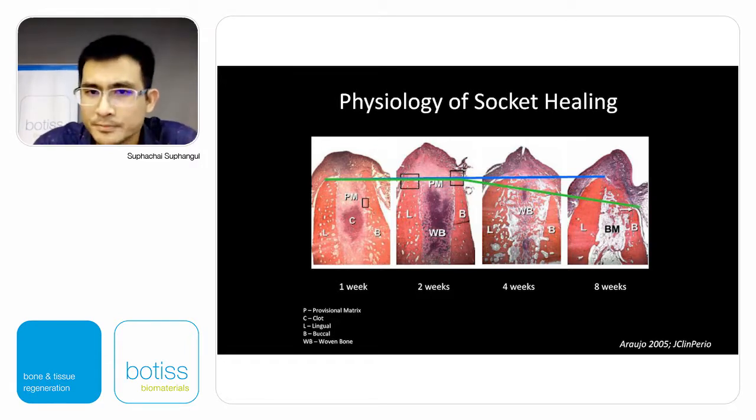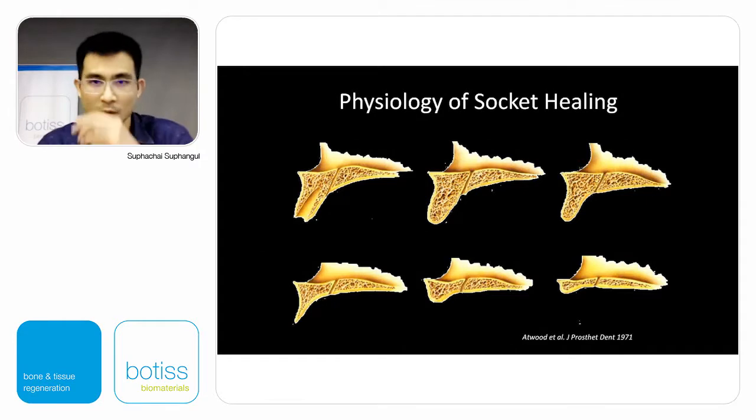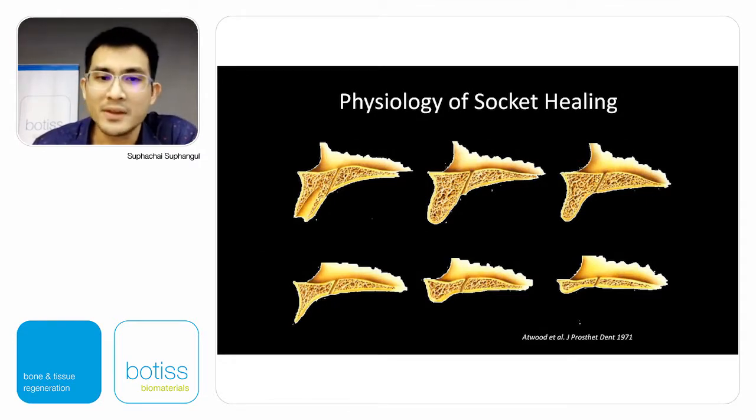What does it mean? In almost all cases, we will lose horizontal bone for sure. But in some special cases, over a long time, we will get recession in the vertical dimension also. This is the physiology of socket healing from Atwood, 1971.